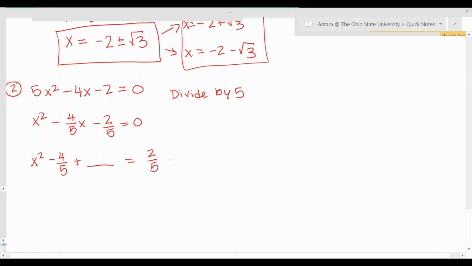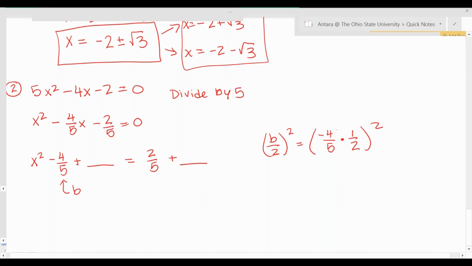So we have 2/5, and then we add whatever number we add to the left side. Last time we called this b, and again we do the same thing, b over 2 squared. In this case it's negative 4/5 over 2, which is the same as multiplying by a half and squaring that.